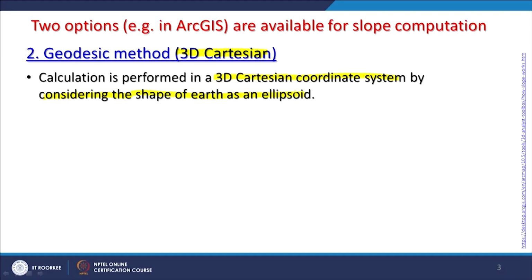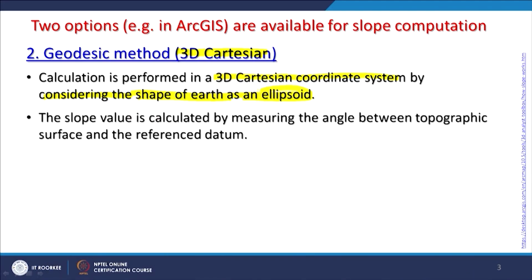And as I have said, if a lot of variation is not present in the values of my input digital elevation model, then no matter which option I go for, I may get almost identical results. But if variations are there or I am covering a large area, then the shape of the earth will play a very important role, and there I have to take care of this ellipsoid issue.